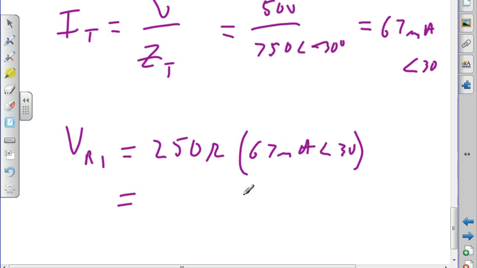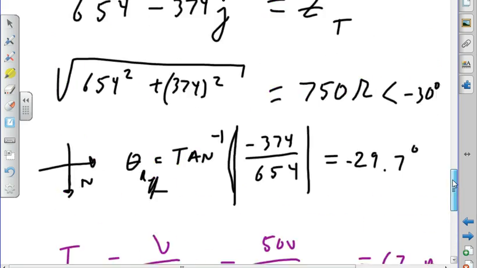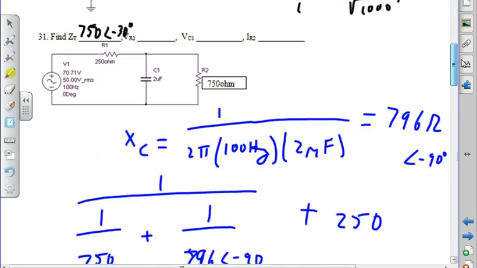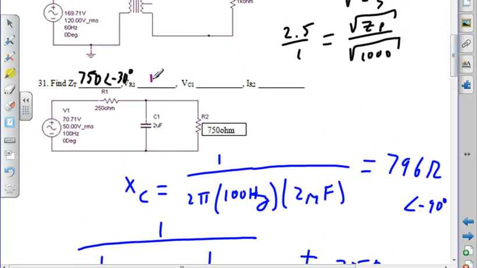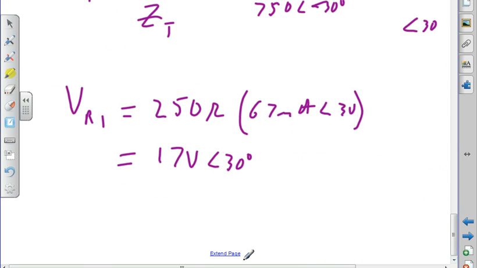Uh, 16.7, we'll call it 17 volts, angle 30. 17 volts, angle 30.